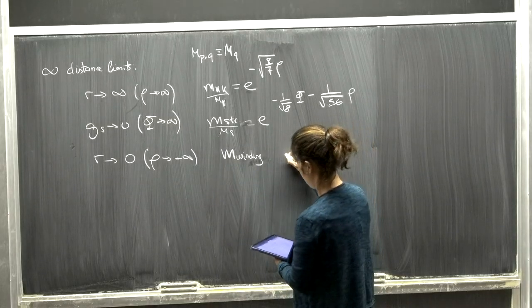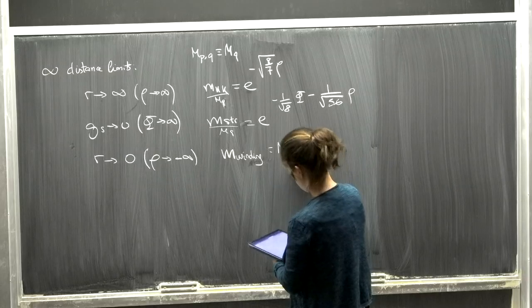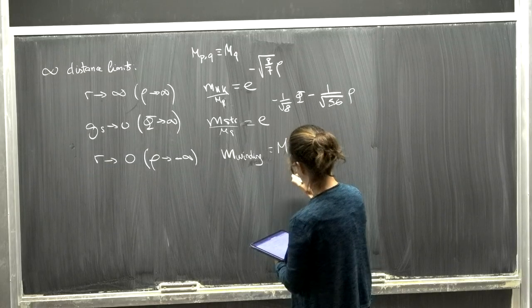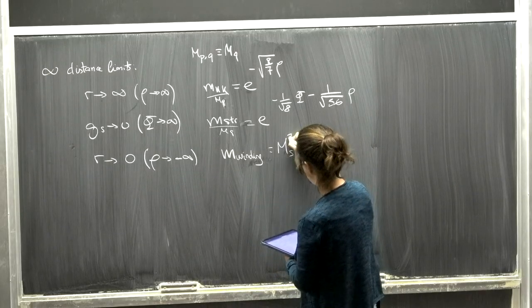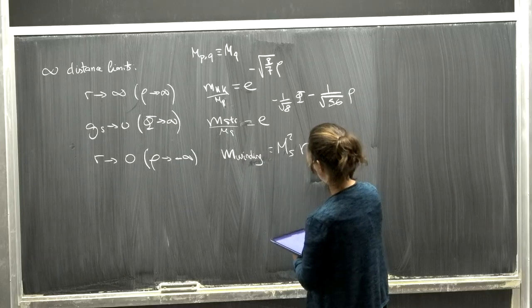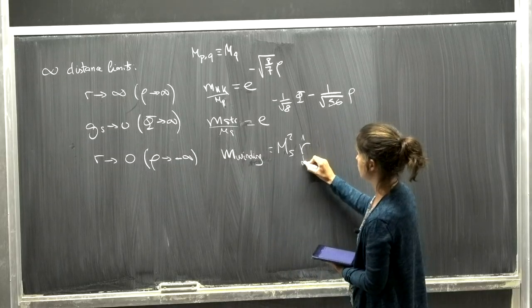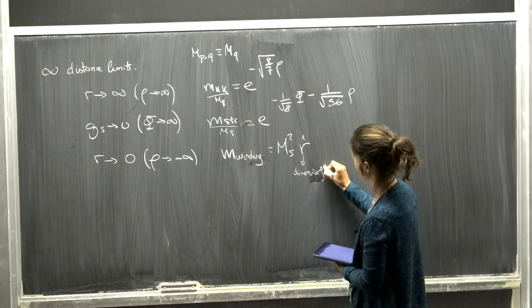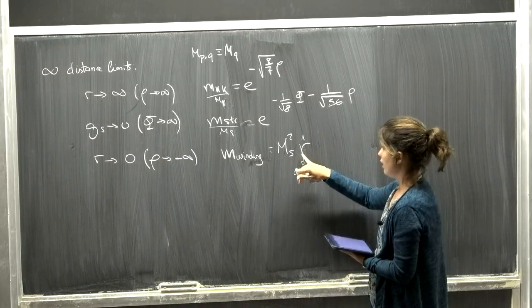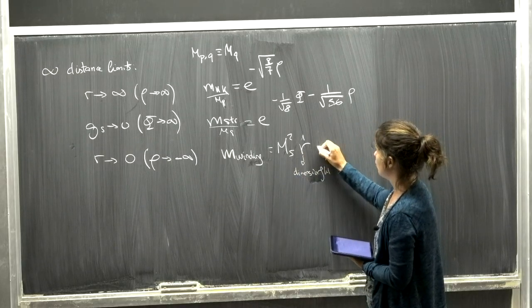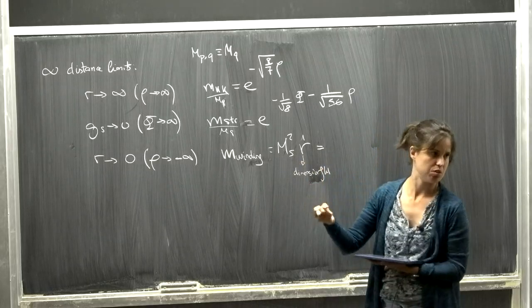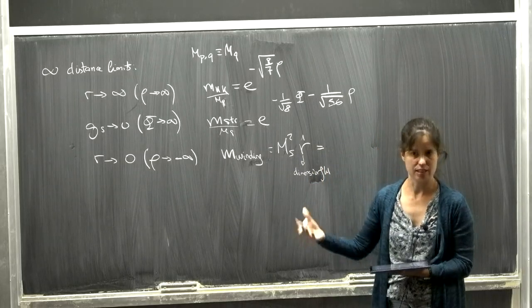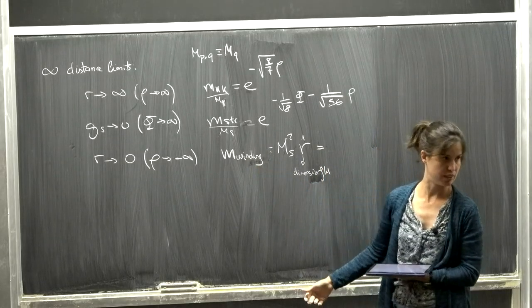So the mass is gonna go as the string scale squared, this is the tension of the string, times the radius. This is dimensionful, okay? So precisely when the radius goes to 0, they become massless. And this is the tower of states in this case of the distance conjecture.